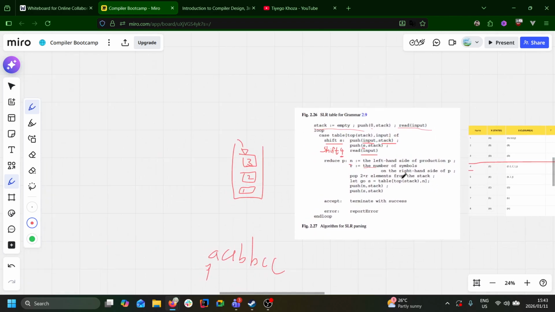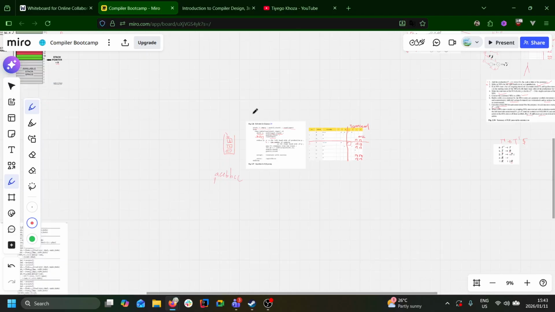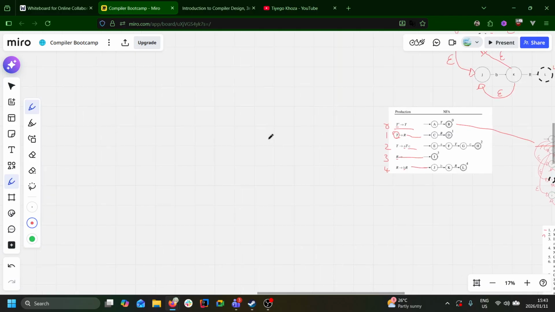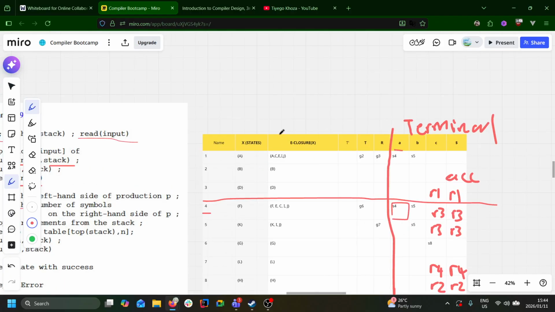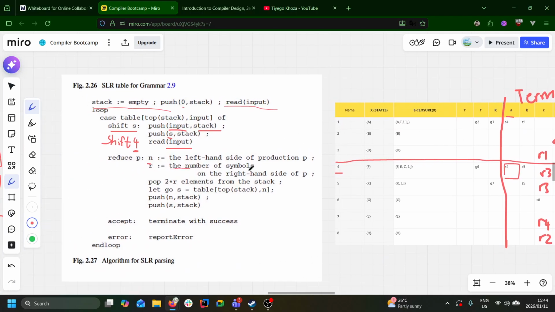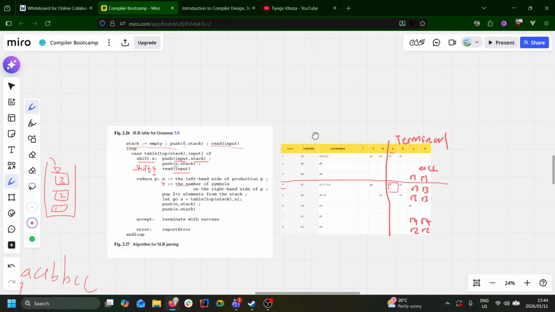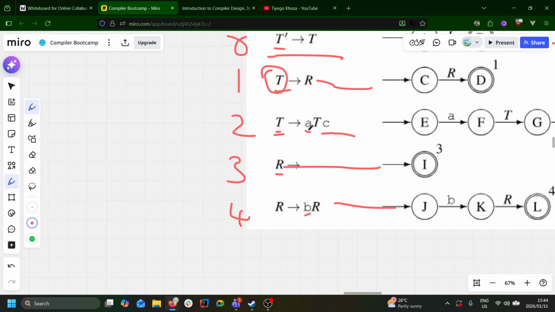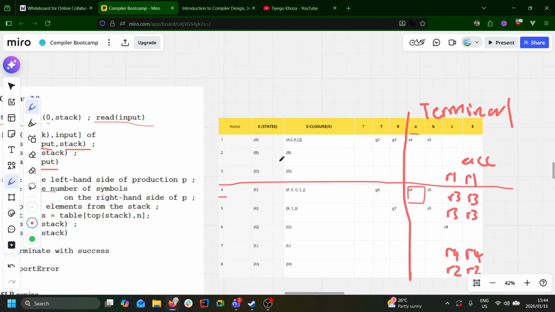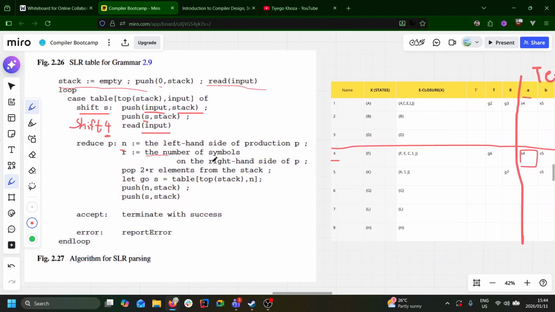The production rule is usually the non-terminal, production P, and the number of symbols on the right hand side of P. So if the left hand side is T, for example, the right hand side would have one, two, three elements over here.